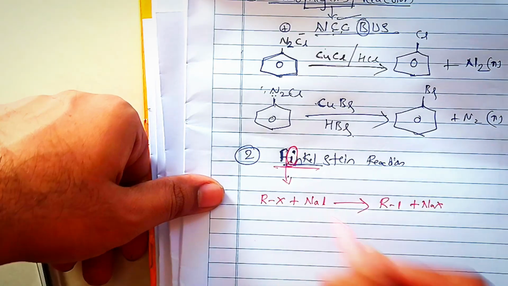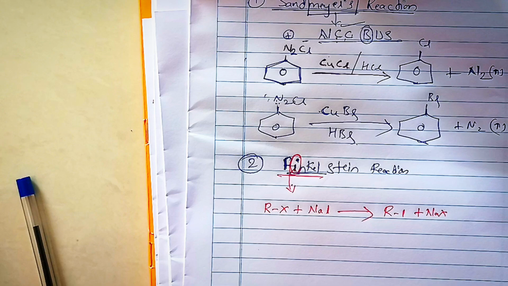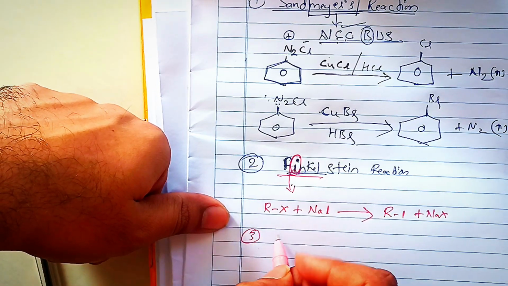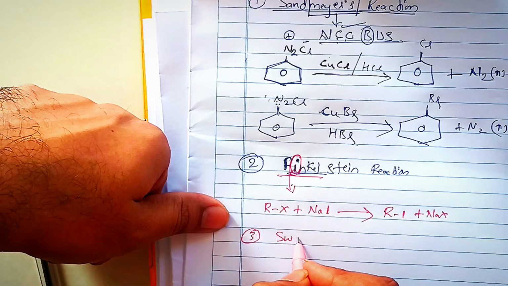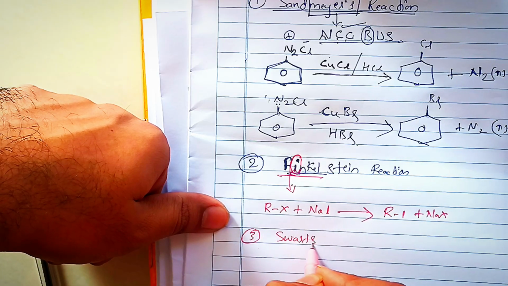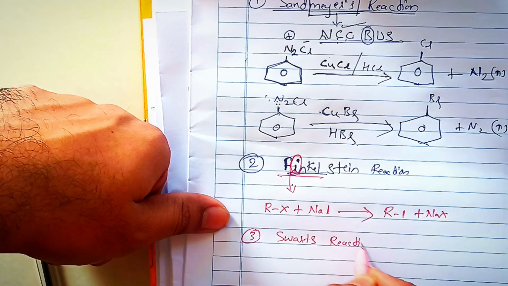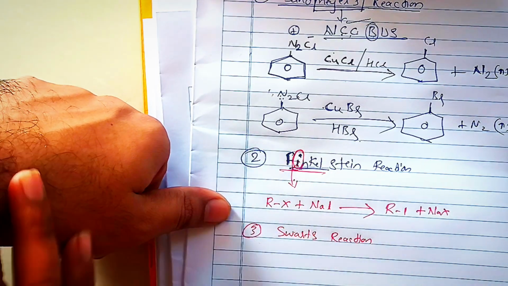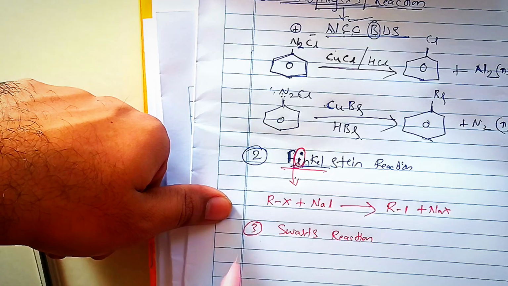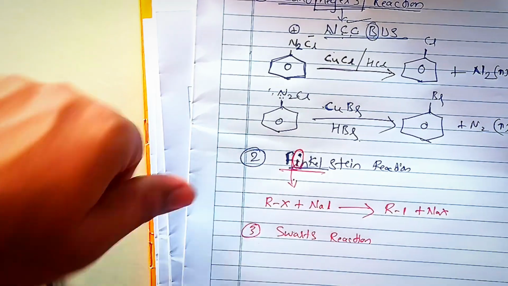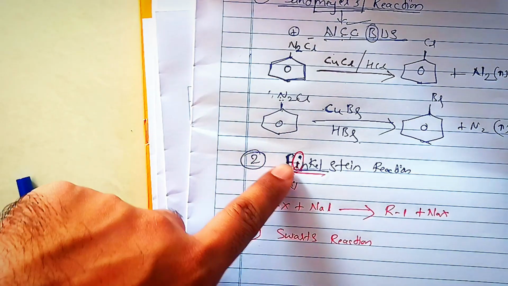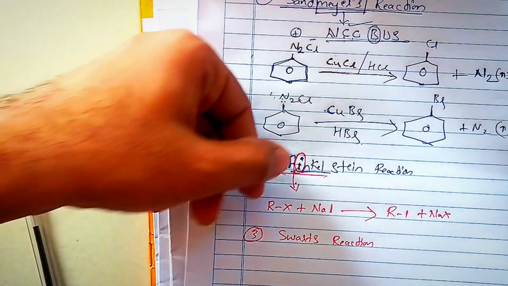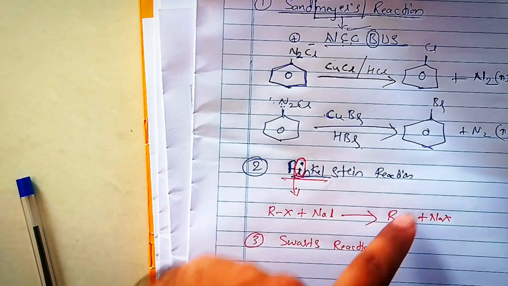And by this only we will get another reaction, the Swarts reaction. What does the Swarts reaction indicate? In this Swarts reaction, same as I, we will take F. In the Finkelstein reaction we take the second part of the name, called I, and we exchange iodine.